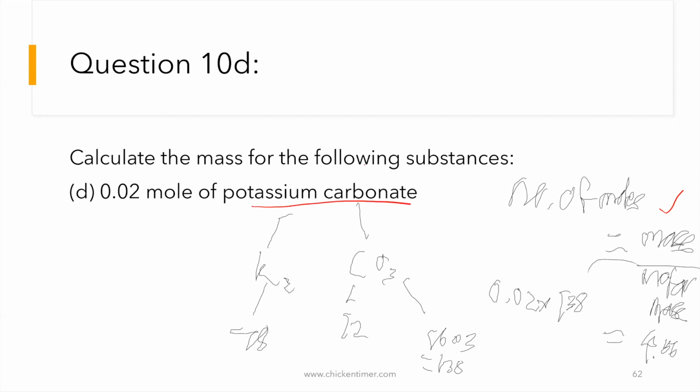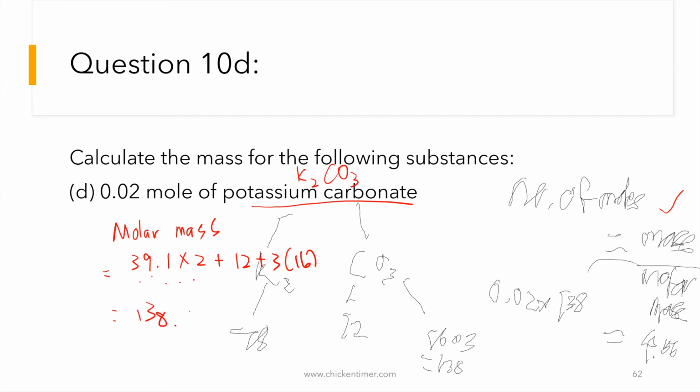So the first line you should write is the molar mass: 39 times 2 plus 12 plus 3 times 16, so you get 138. Your periodic table has 39 only.